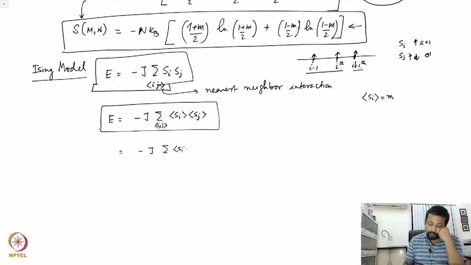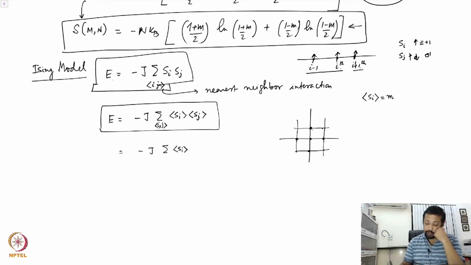I go to the ith site, and clearly if I go to the ith site, this lattice point has a certain coordination number. Let's say if it's a square lattice, then this is the coordination number you're looking at. So these are the nearest neighbor points.